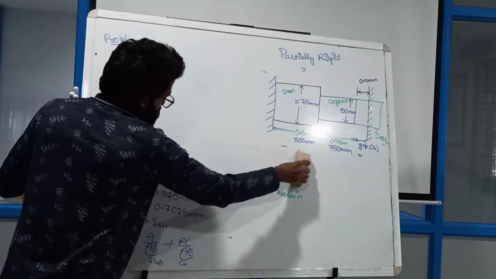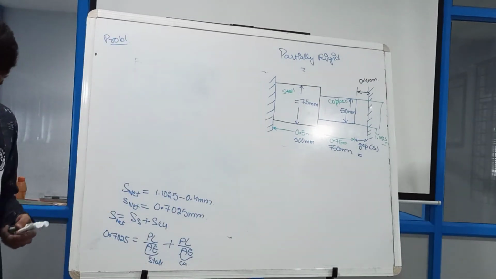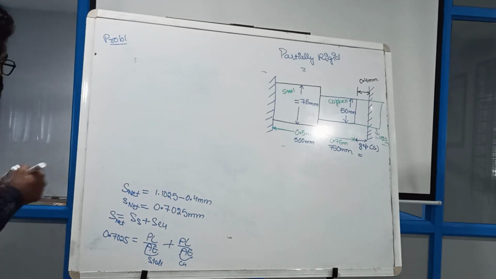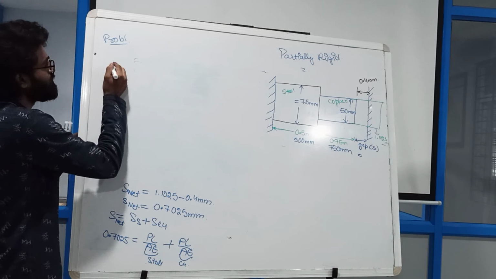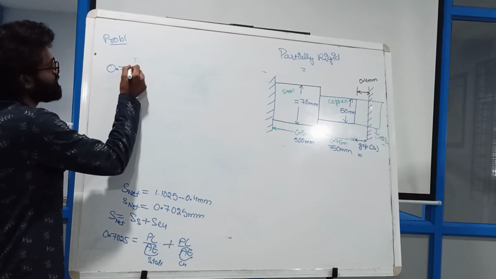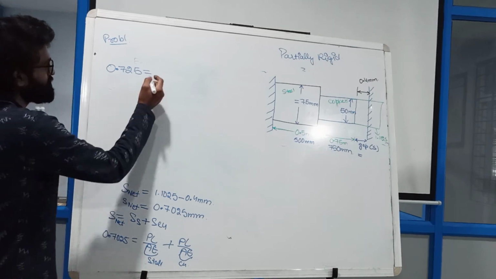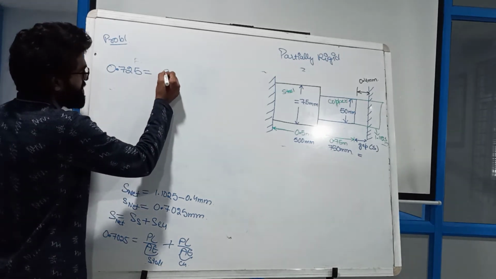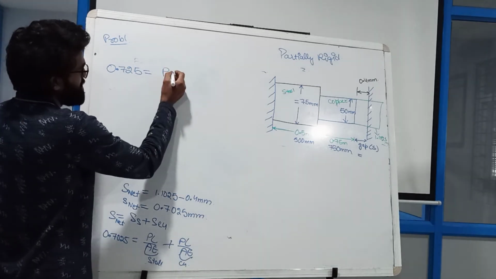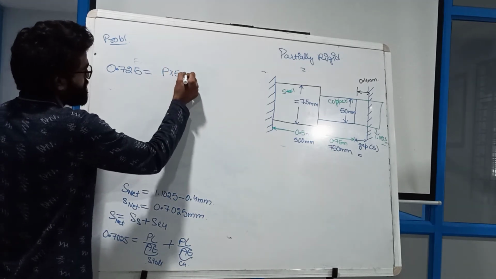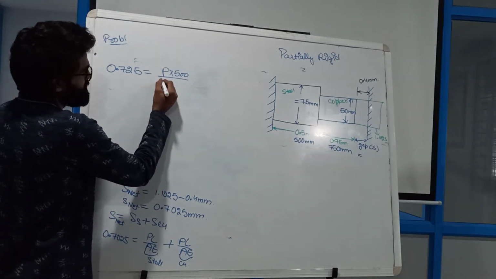Let us put all the values in this. So what am I going to get from here? 0.725 is equal to how much? So put all the values. You know that P I have to calculate. I know the length, so for my steel the length is into 500 divided by the area. So area is how much?